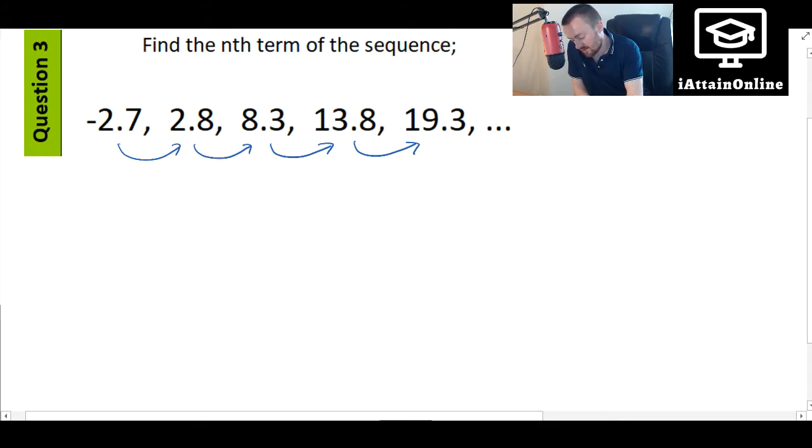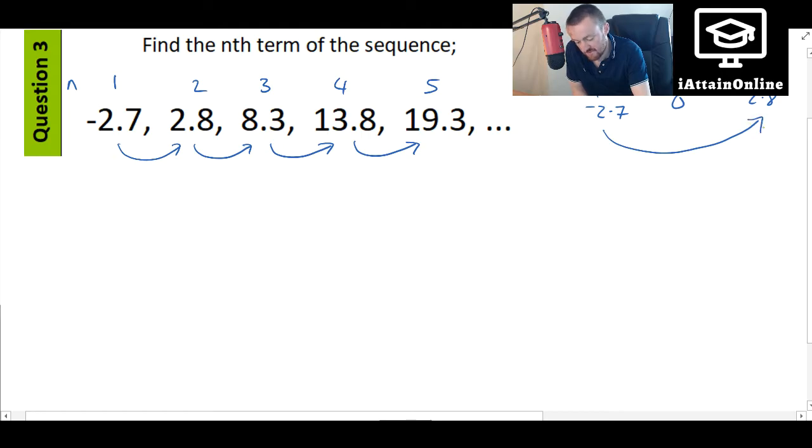And then you're saying, oh, so that was 1, and it's 2, and it's 3, and it's 4, and it's 5. So to get from negative 2.7 to 2.8, again, number lines are really useful with this. Start by writing 0, negative 2.7, and 2.8. I want to figure out how I've got from negative 2.7 to 2.8.